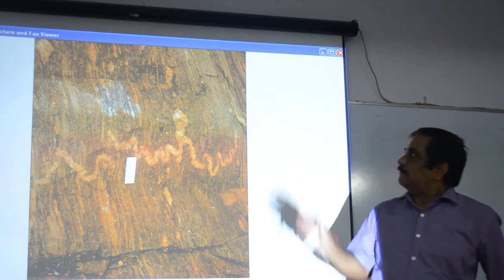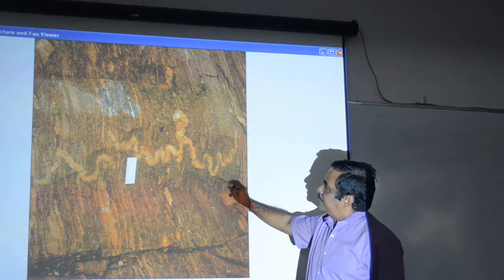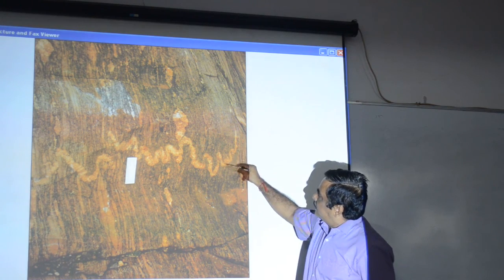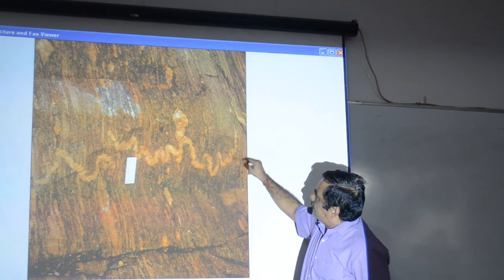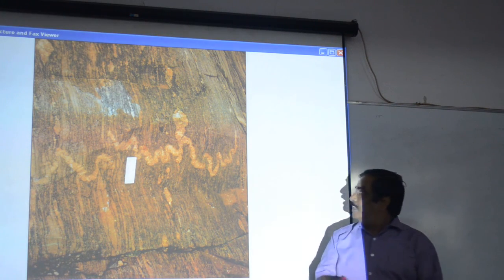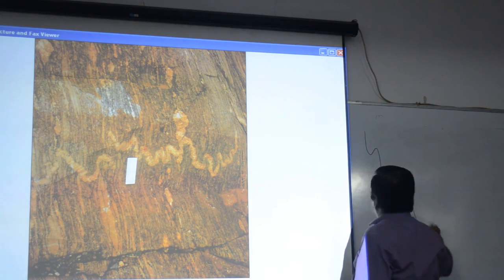Understood ना? Okay. Now you can see some other feature also. You see these folds. Can you see these folds? This part of the fold you see. These are asymmetric folds. Asymmetric folds, do you remember? Asymmetric folds are like this. One limb is greater, another limb is smaller.